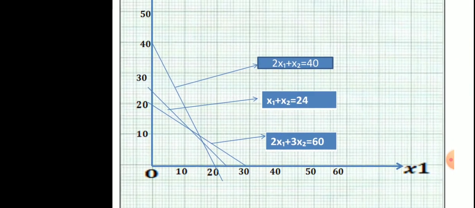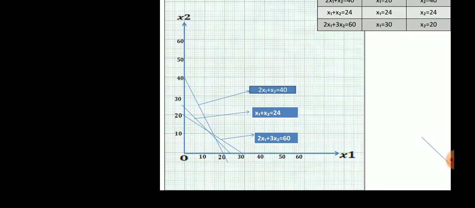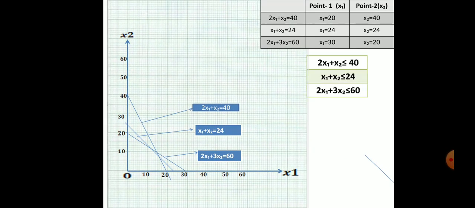From this, first we have to find the feasible region. In the constraints of the main question, they have given all three as less than or equal to 40, less than or equal to 24, less than or equal to 60. All three are less than or equal.